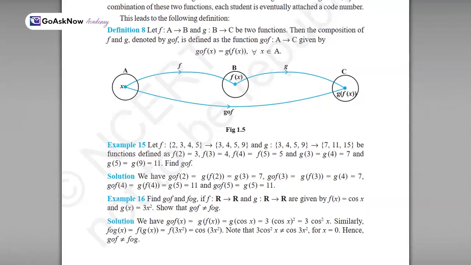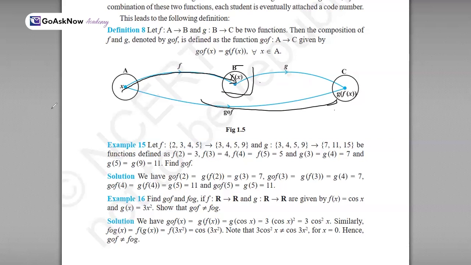You first calculate x to f(x), and then the relation g of f(x) will come like this. So we will see some examples, so you will clearly see how it comes and what the actual meaning of this is.